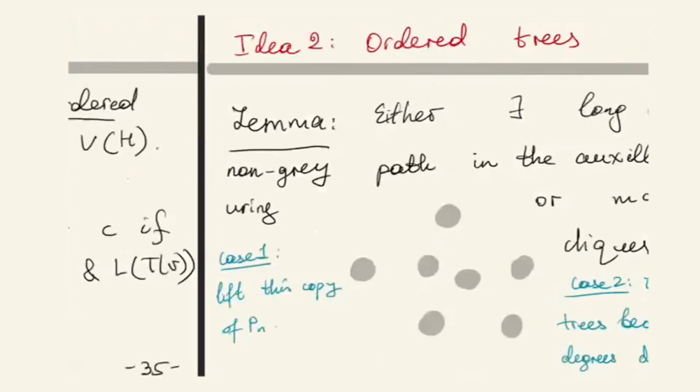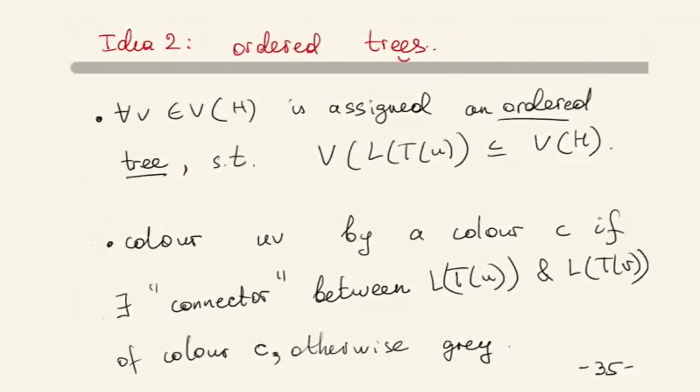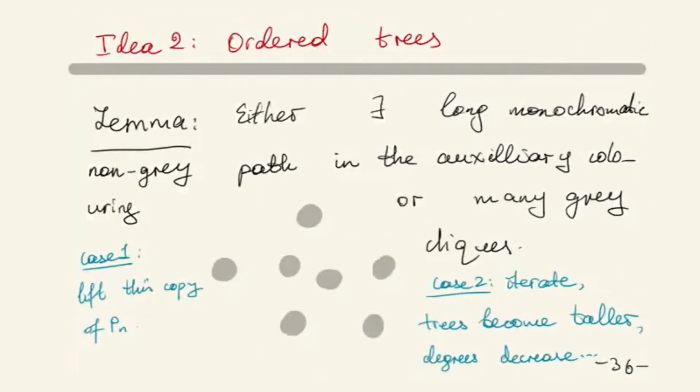What it tells me is that a Ramsey type argument shows that, after encoding everything via trees in some power of G, you can either find a long monochromatic non-gray path in this auxiliary coloring, or you are going to find many gray cliques. And what is gray?